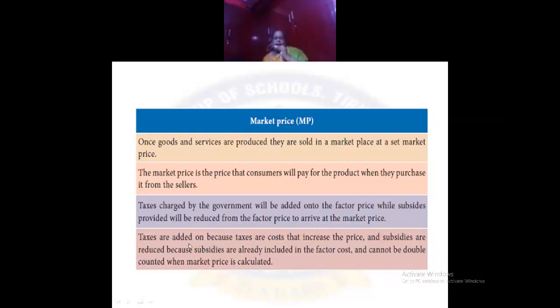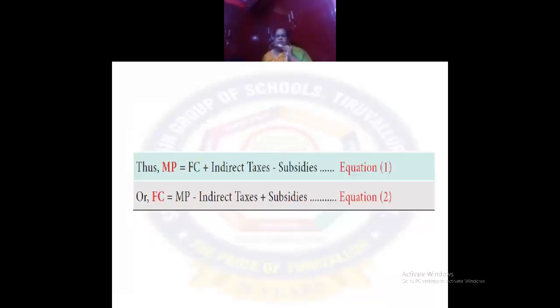Taxes are added on because taxes are costs that increase the price, and subsidies are reduced because subsidies are already included in the factor cost and cannot be double counted when market price is calculated. You'll be getting a doubt how to calculate it.